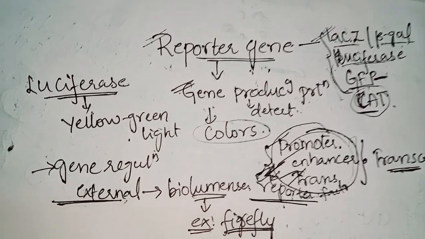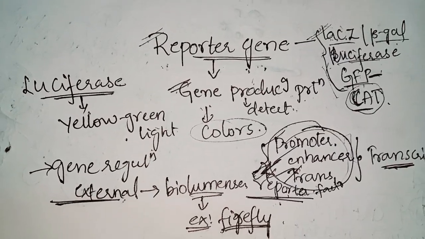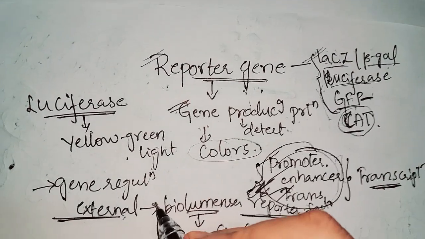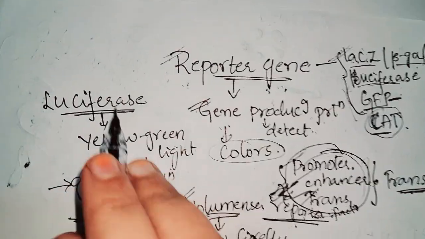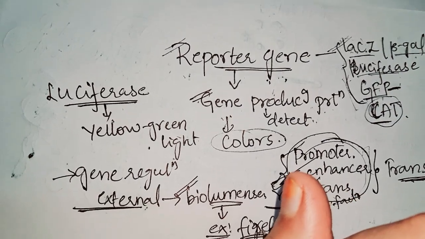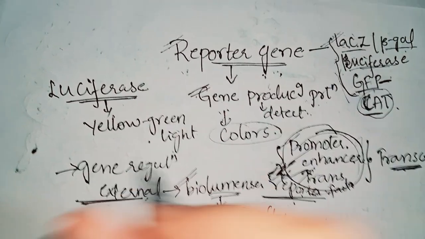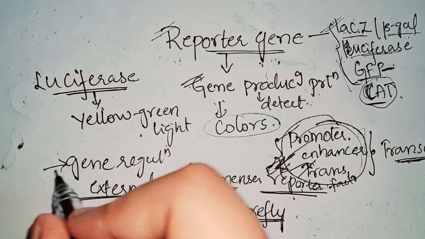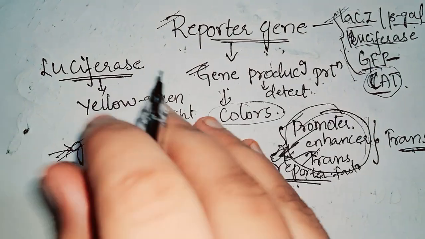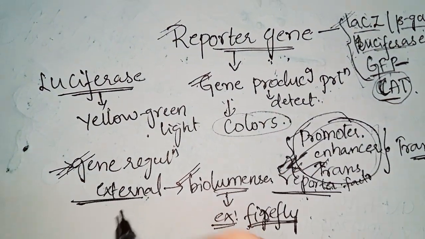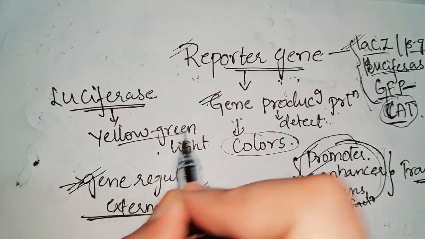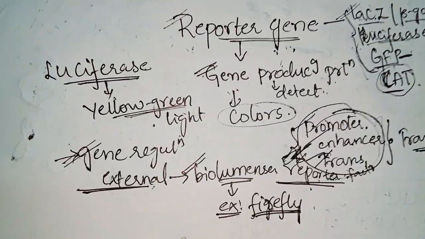Bioluminescence means that without external illumination it produces light. Luciferase, for example, is seen in firefly, and it is used in the study of gene regulation and biological function. The light it produces is yellow-green light.